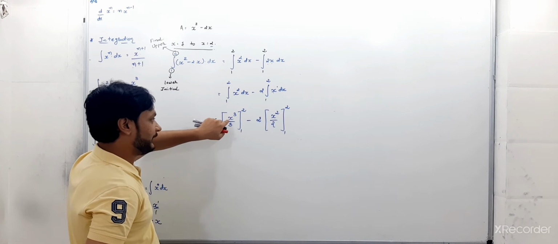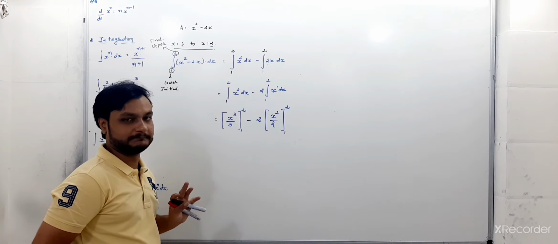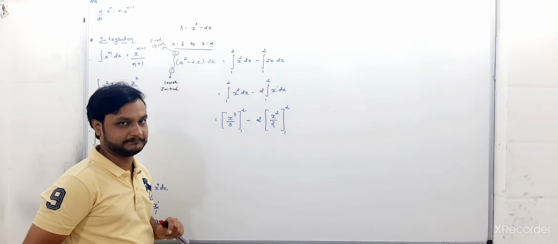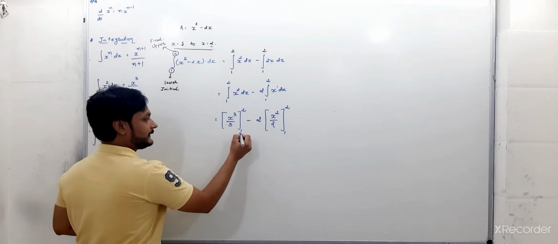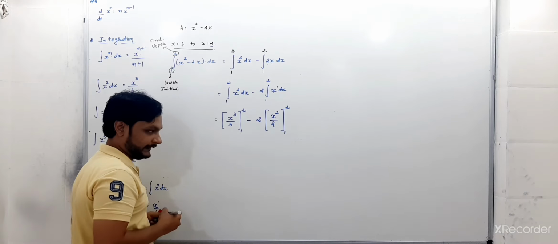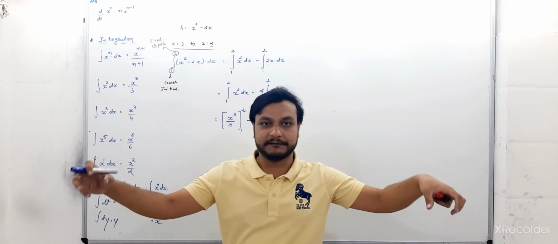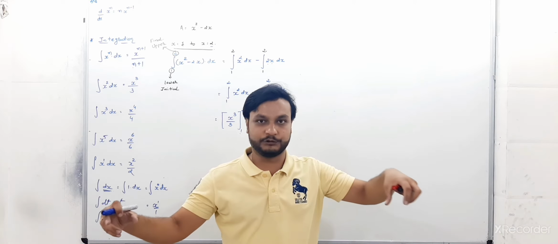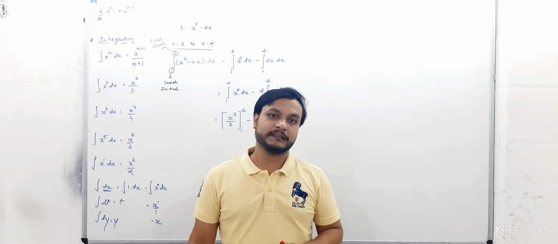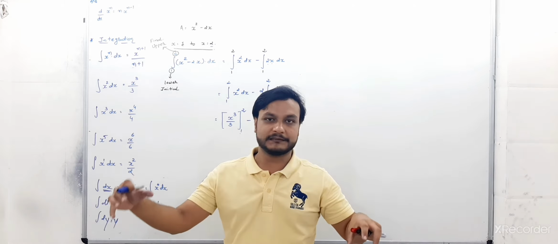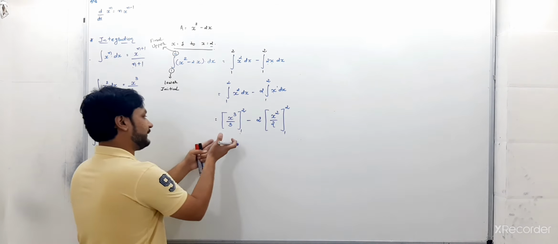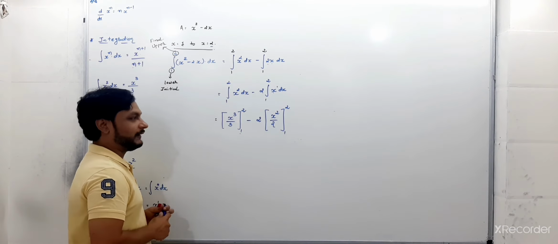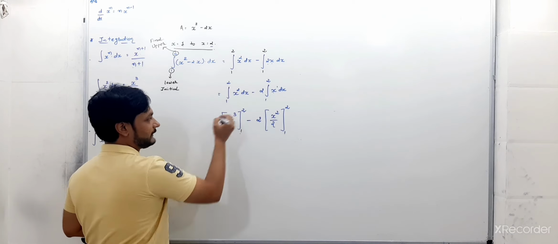This is our initial and this is our final. If we want the difference between initial and final, we find final minus initial. The same thing we will do here. The final value is on the upper side.